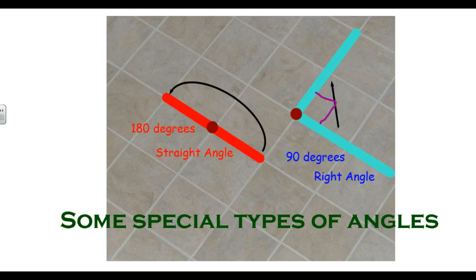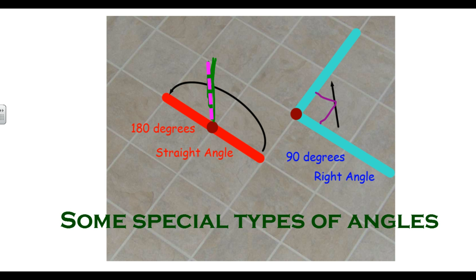And then straight angles, being basically a line or a line segment or a ray or something like that, are really important to us too. And in fact, they are so important that we have names for angles that add up to these special types of things. We could imagine that this straight angle that we see in red could actually be made not of just one angle, but two angles to start off with.